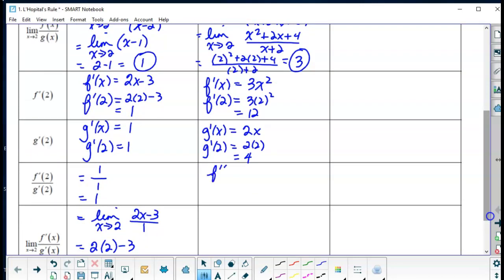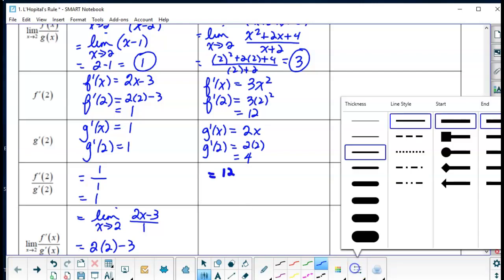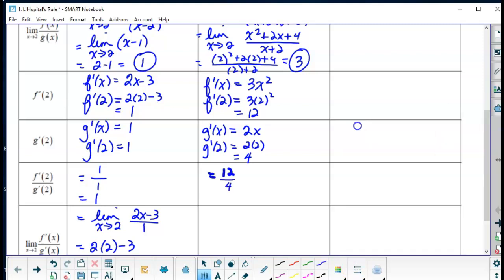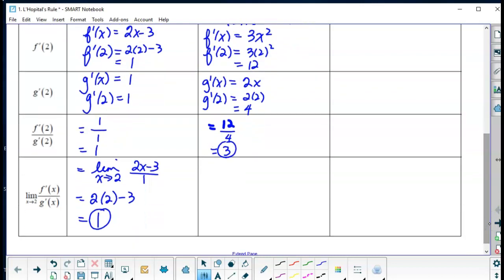So f prime of 2 is 12 over 4, which is 3. Notice that's the value of the limit of the functions. Now if we take the limit as x approaches 2 of f prime of x, f prime of x was 3x squared.